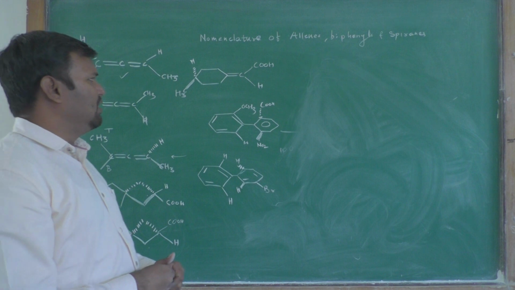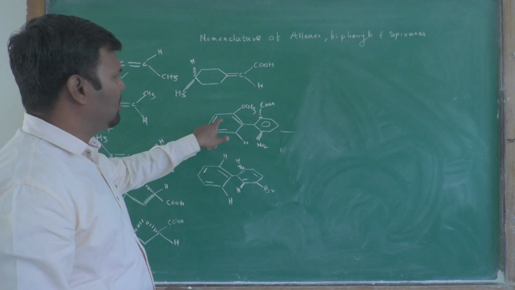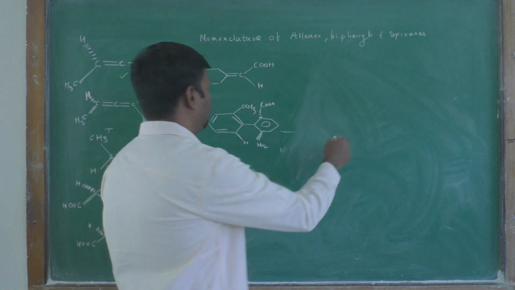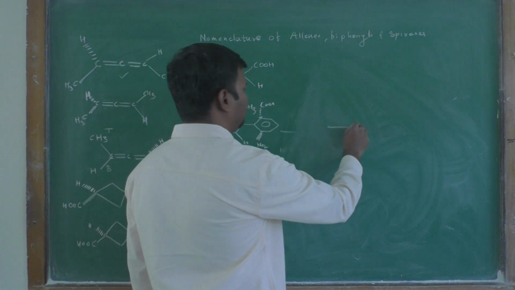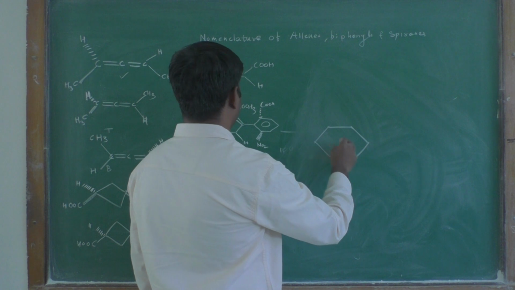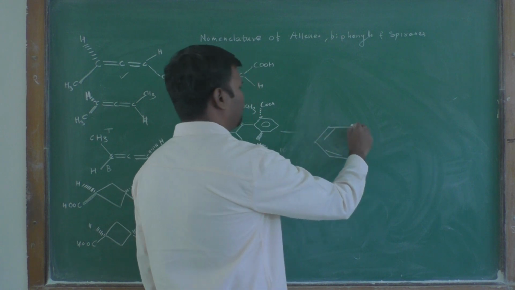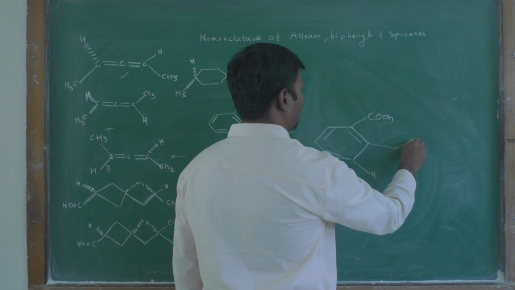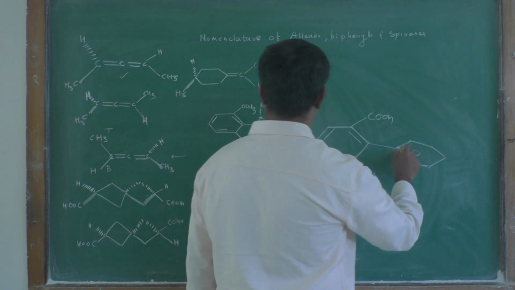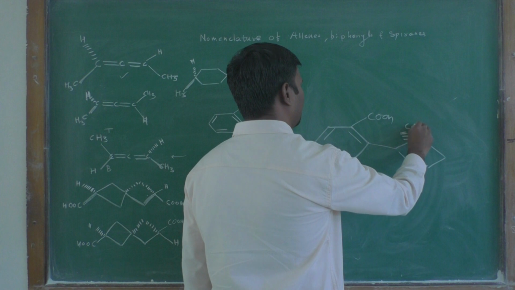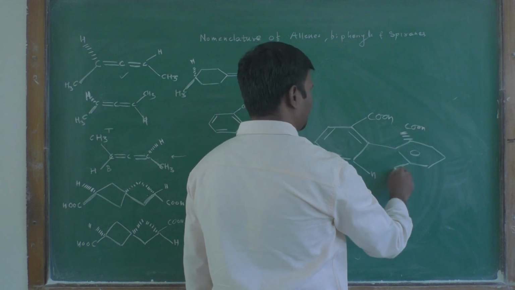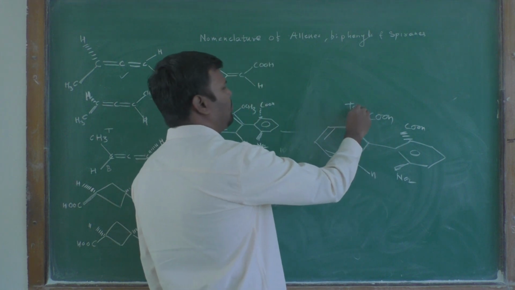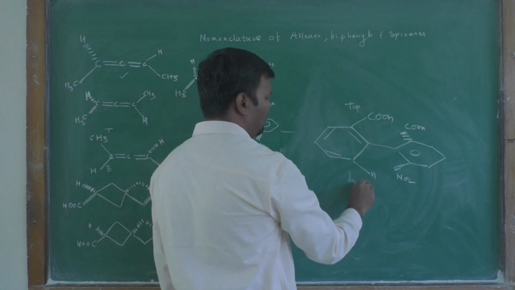Next example, this example we will take. Any example, same criteria we will use. That example we have taken. Same criteria, that is your top group, that is the bottom one.